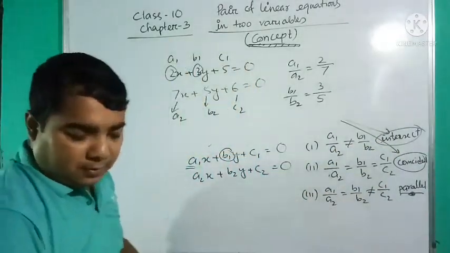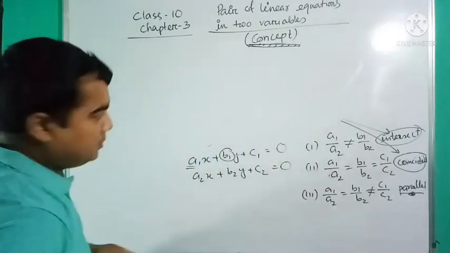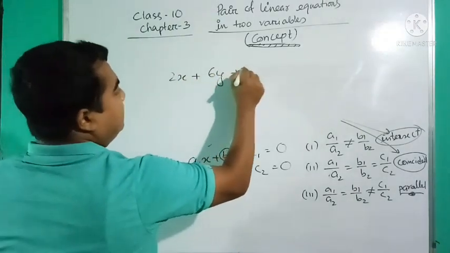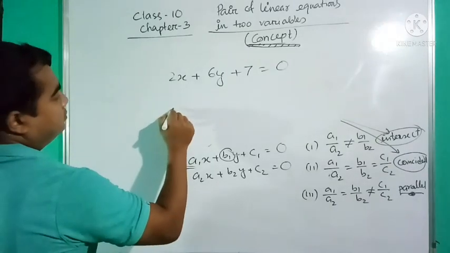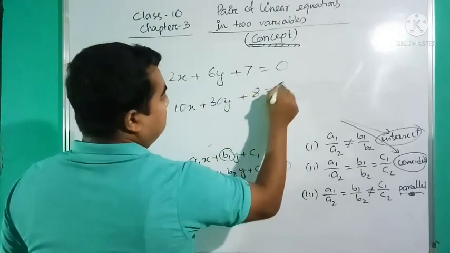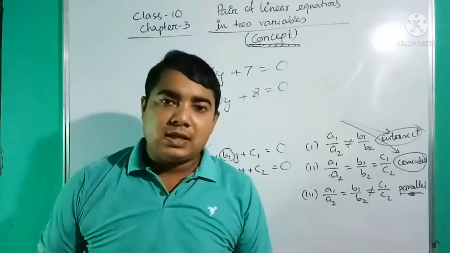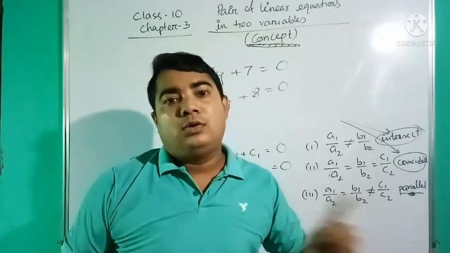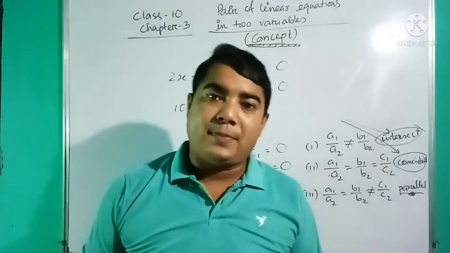Similarly, one more example. 2x + 6y + 7 = 0, and one more equation, 10x + 30y + 8 = 0. Two equations are given. The question is whether the given equations intersect at one point, intersect at many points, or do not intersect, meaning intersecting, coincident or parallel.